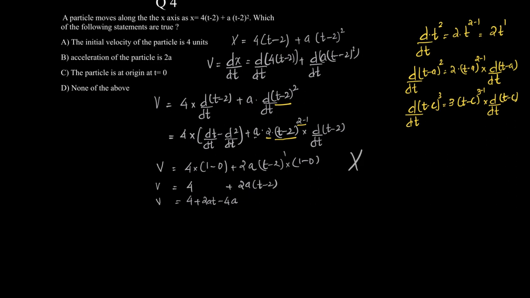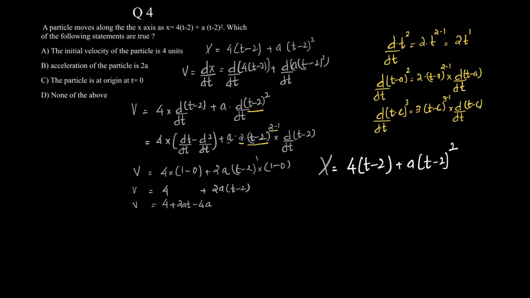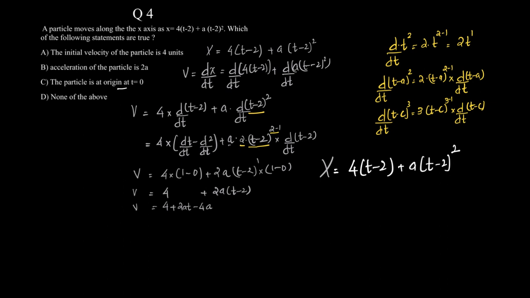Alright. So now let's write down the given equation once again. We have x is equal to 4 into (t minus 2) plus a into (t minus 2) the whole square. There is one option which says the particle is at origin at t is equal to 0. So what is the value of x when t is equal to 0?